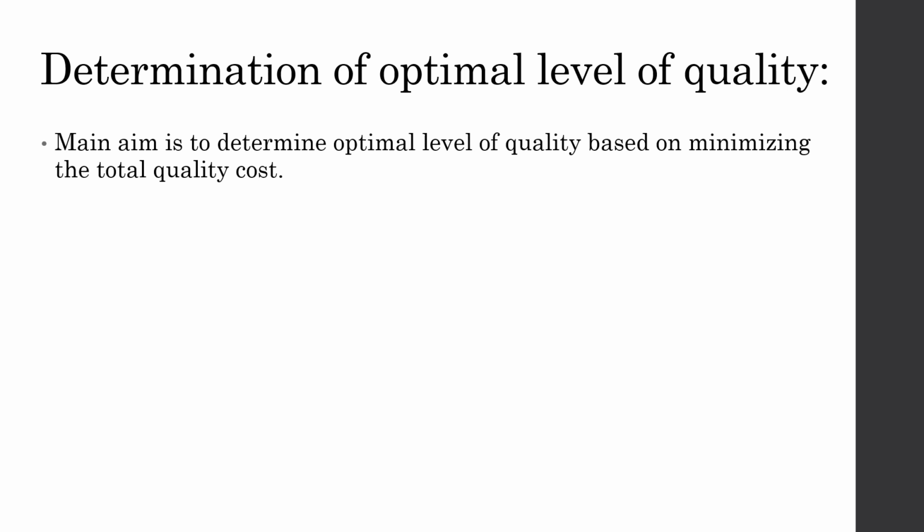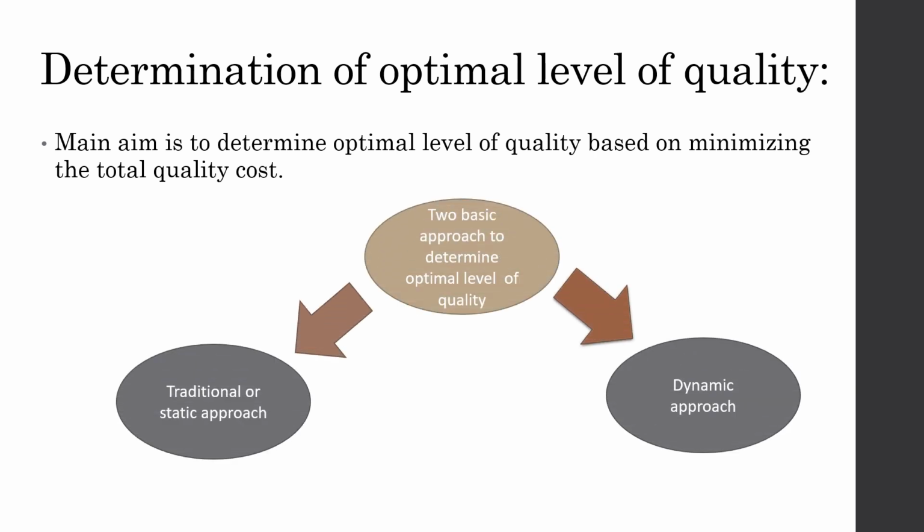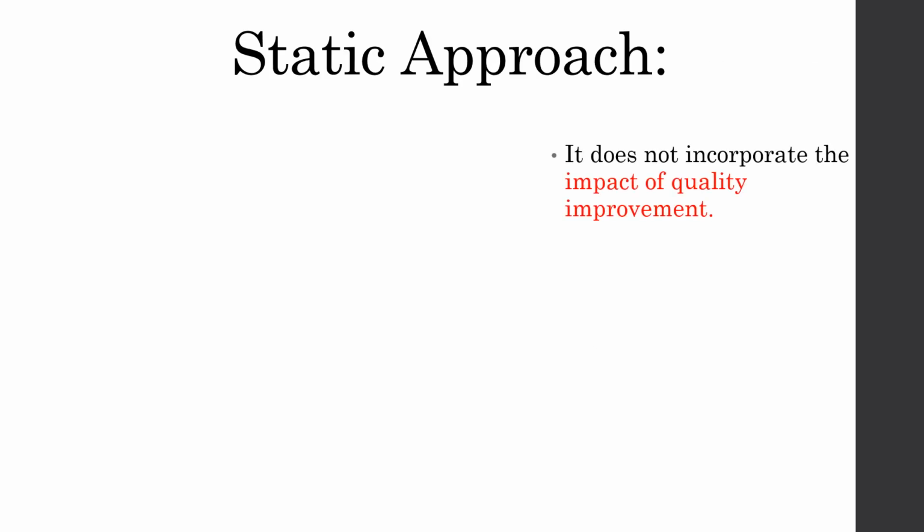The main aim to determine the optimum level of quality is based on minimizing the total quality cost. There are basically two approaches: traditional or static approach and dynamic approach. Static approach: it does not incorporate the impact of quality improvement, which is the main fiber of any industry.